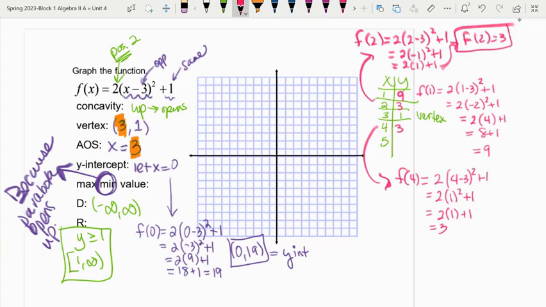And those should match up. And then let's double check. F of 5 is 2 times 5 minus 3 quantity squared plus 1. 2 times 2 squared plus 1. So I get 2 times 4 plus 1 is 9. So f of 5 is 9. So 5, 9.